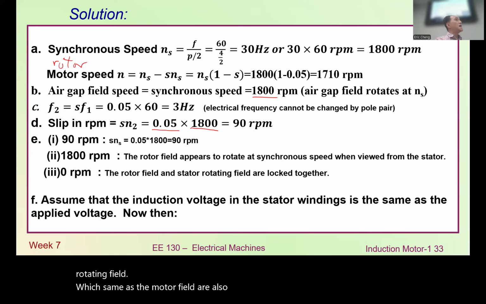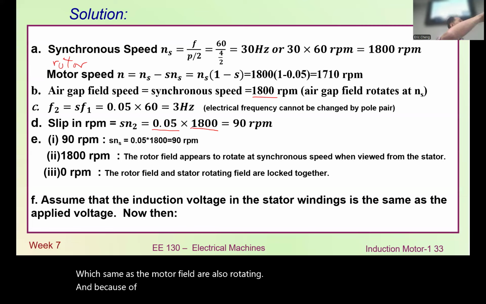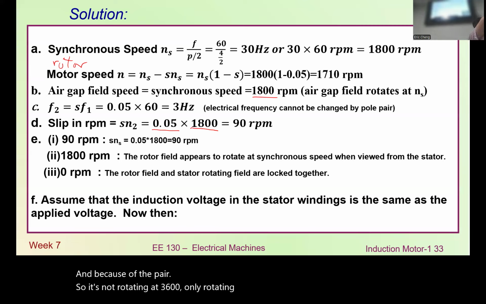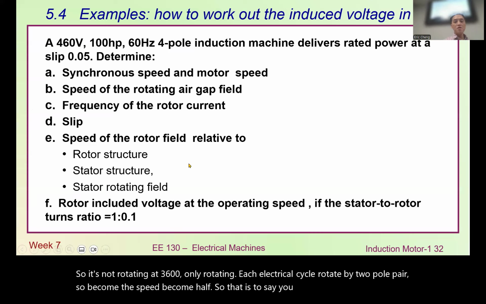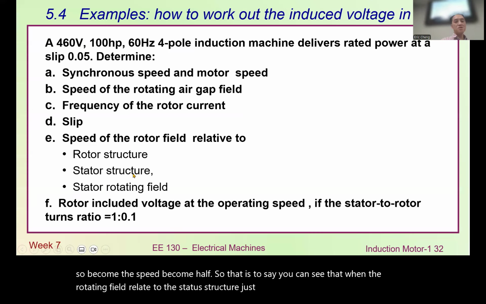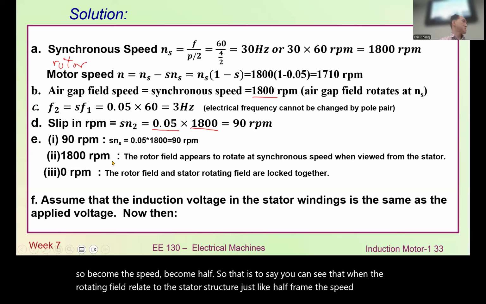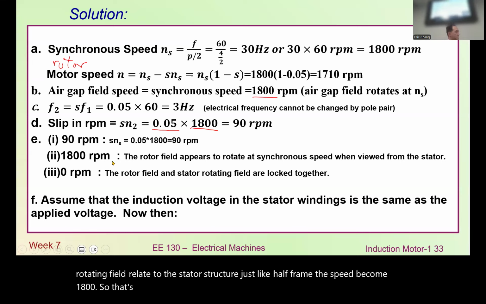Because of the pole pair, it's not rotating at 3,600, only rotating each electrical cycle by 2 pole pair. So the speed becomes halved. You can see that when the rotating field relates to the stator structure, it halves the speed, becoming 1,800. So that's how we can see that.